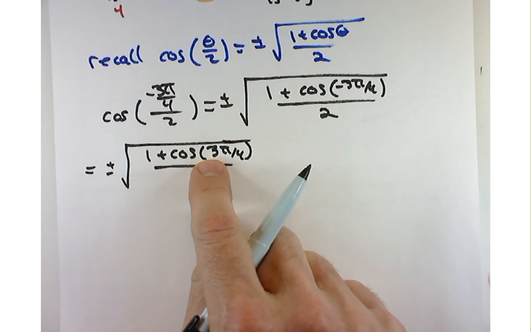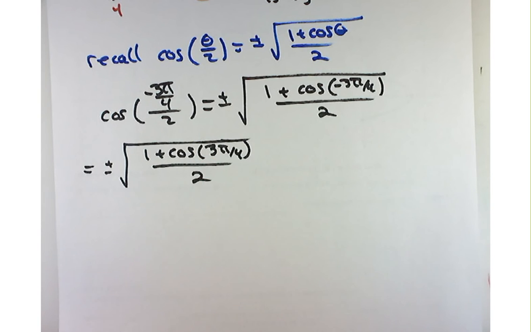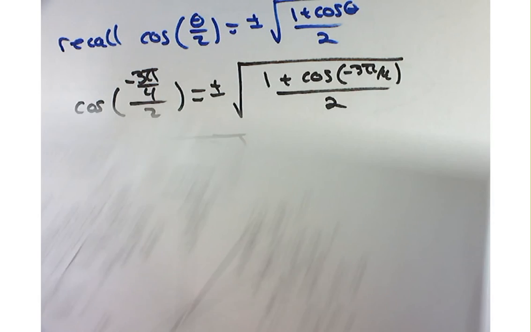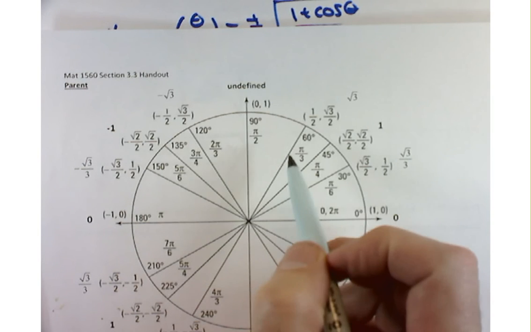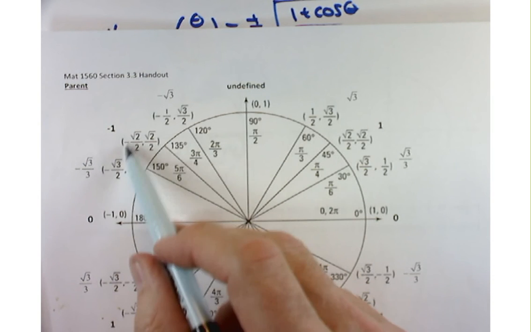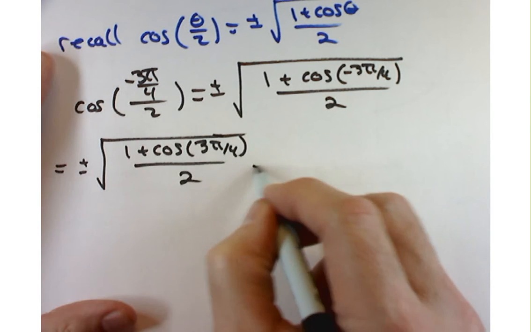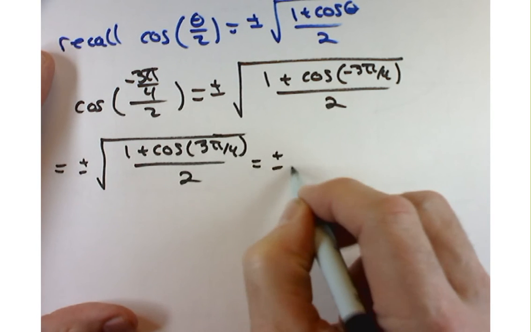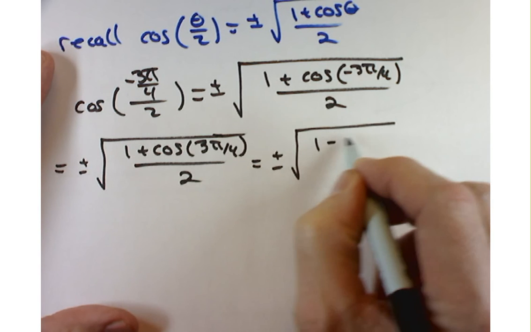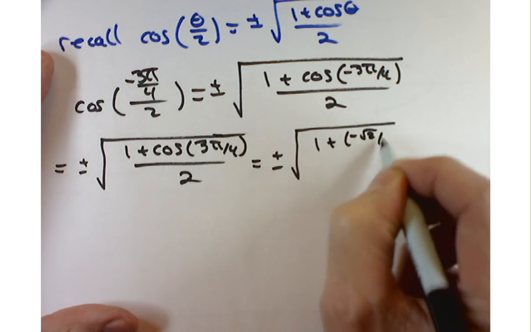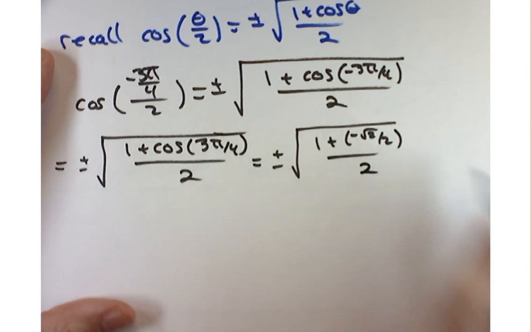What's the cosine of 3 pi over 4? Root 2 over 2. Pretty close. Negative root 2 over 2. Negative. Yeah. Sorry. That's okay. But I appreciate your help. Thank you. So it's going to be 1 plus negative root 2 over 2, over 2.